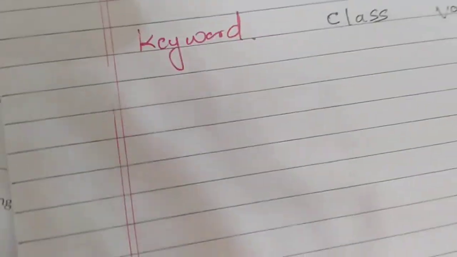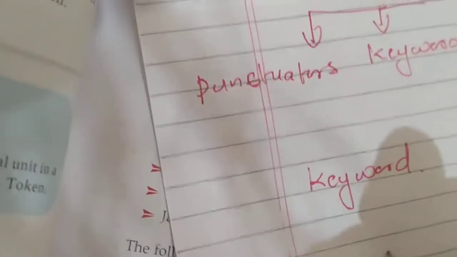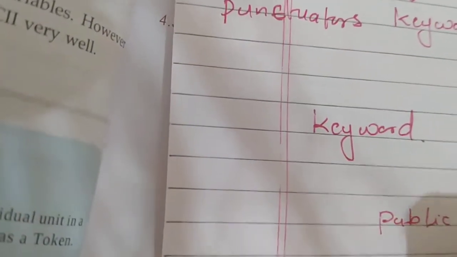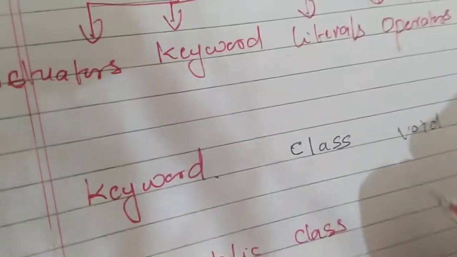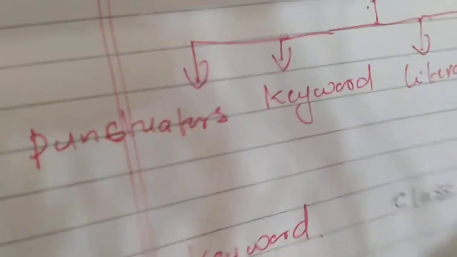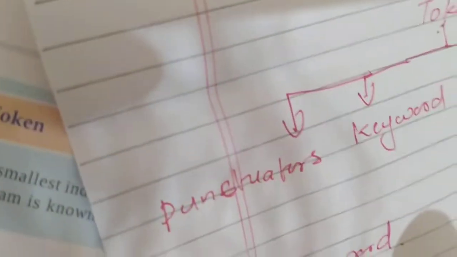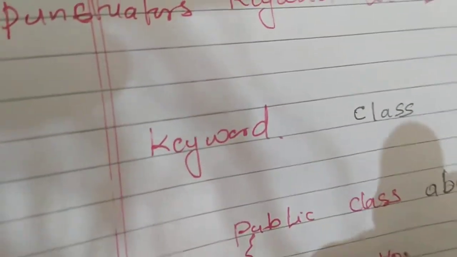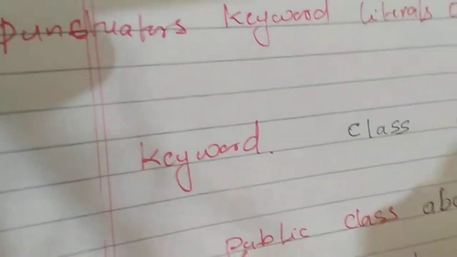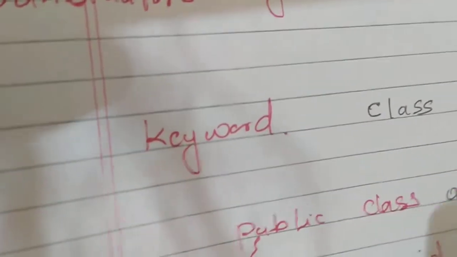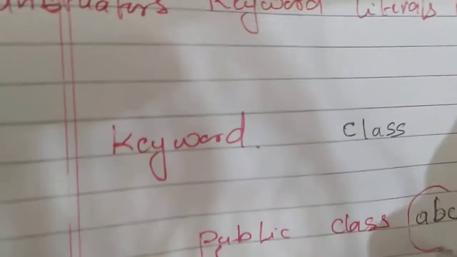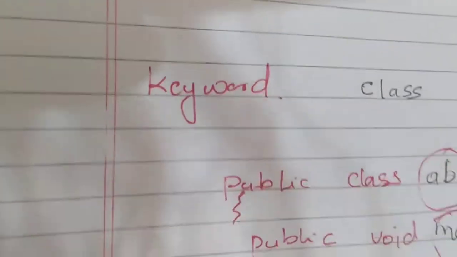In the last classes, we have discussed how to write a program. Here I have written public class, and you can give any name to your class such as ABC. And next I have written public void main. Here, this ABC and main, what are they?